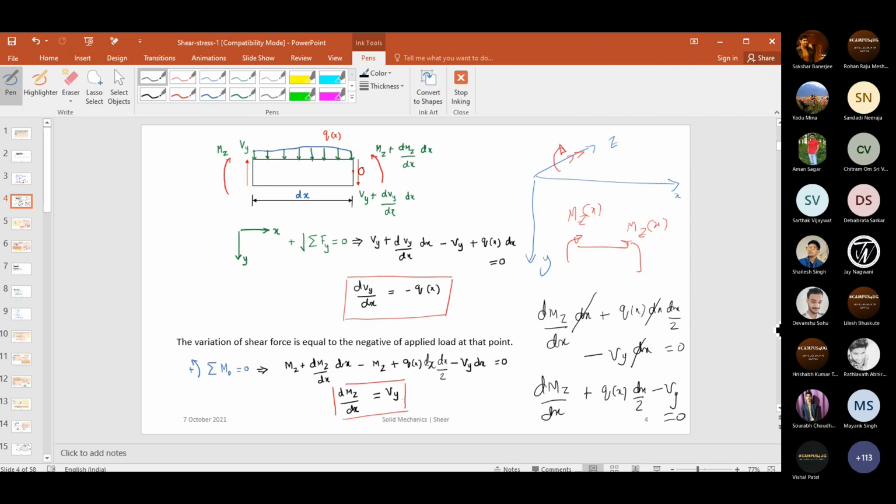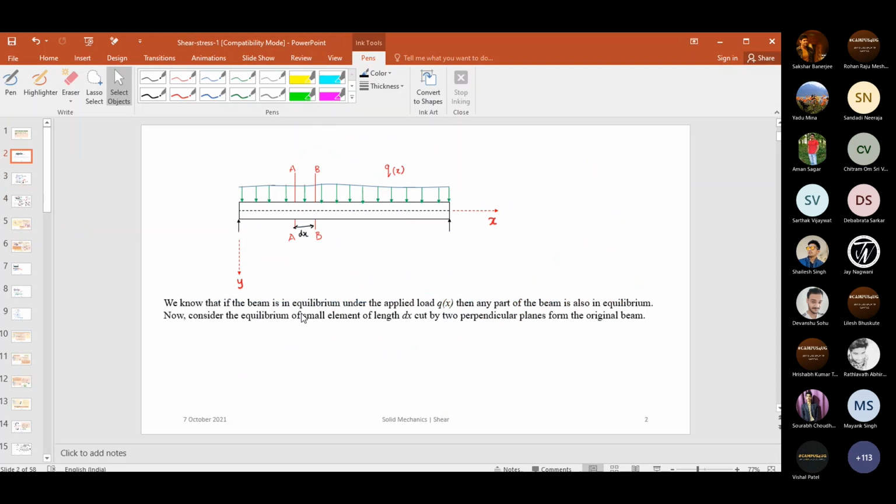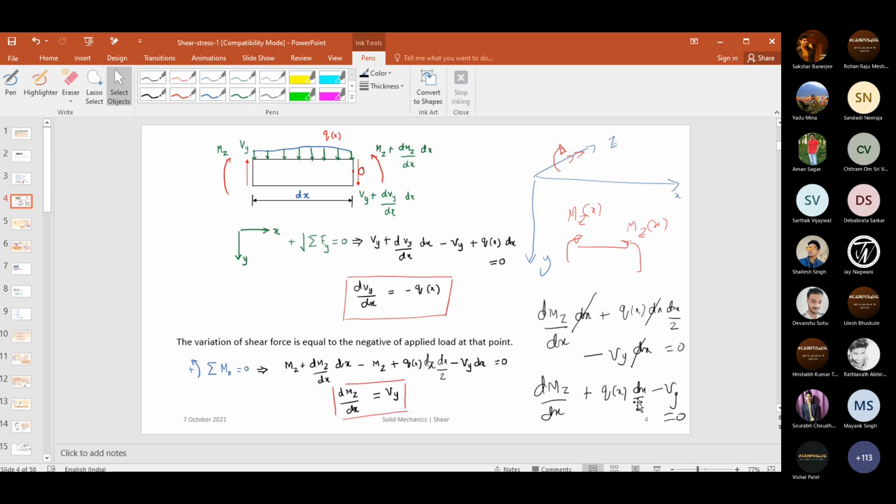This dx is very arbitrary. I can take two planes, two cross sections, any distance apart. Let's say I will tend dx to 0, a very small value. dx can be anything, isn't it? If the whole beam is in equilibrium, any part of the beam is in equilibrium. I don't say that it is 1 centimeter or half a centimeter or anything.